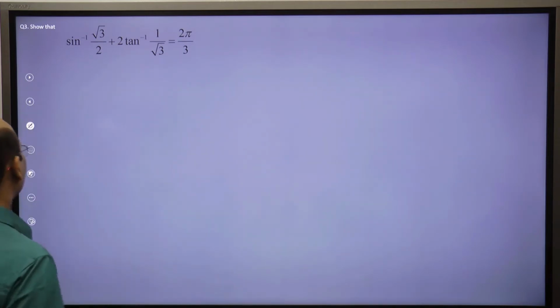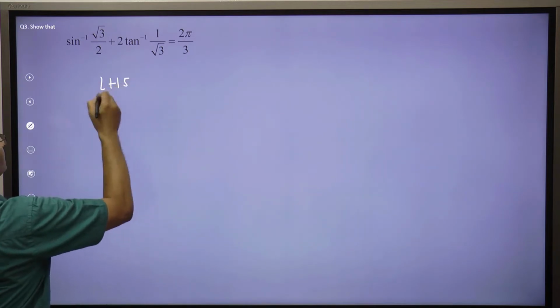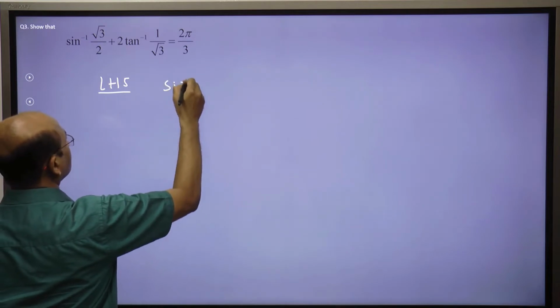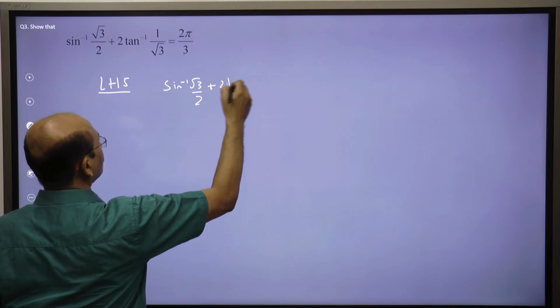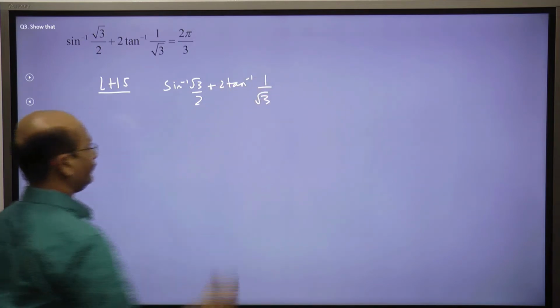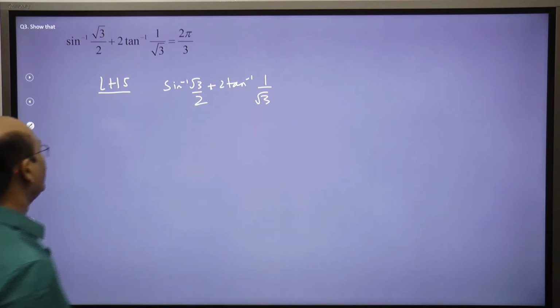So, basically my working would be, generally I would focus on LHS here. So, LHS is nothing but, you can say, sin inverse root 3 upon 2 plus 2 tan inverse 1 upon root 3. Now, please understand what I am going to do in this case. Pay attention now.